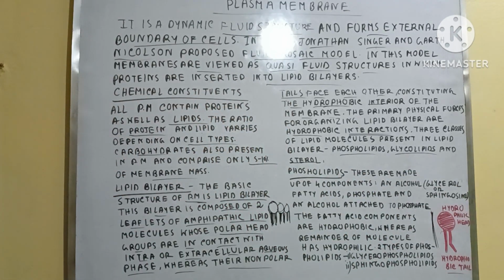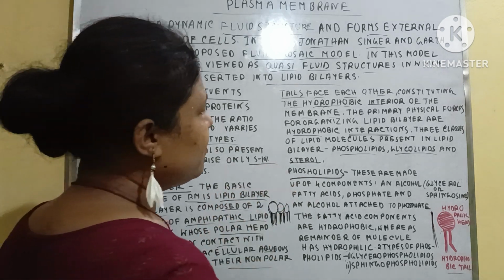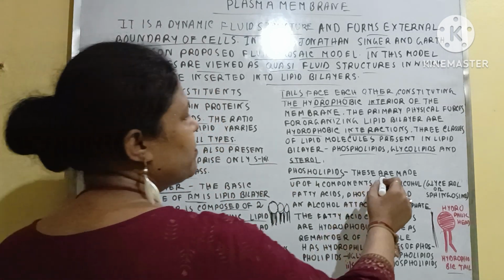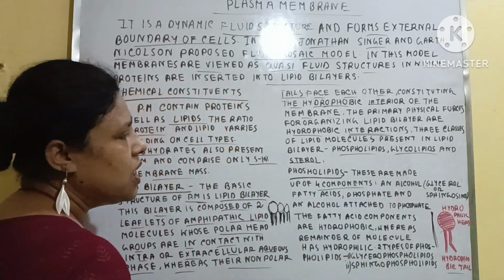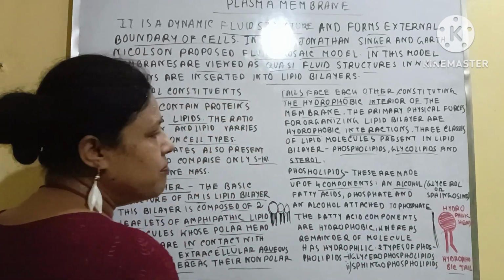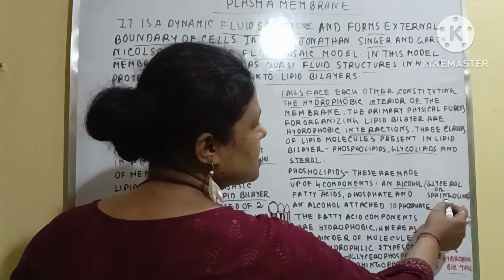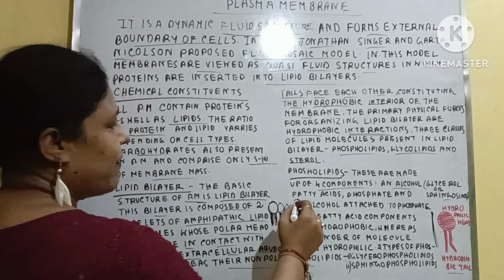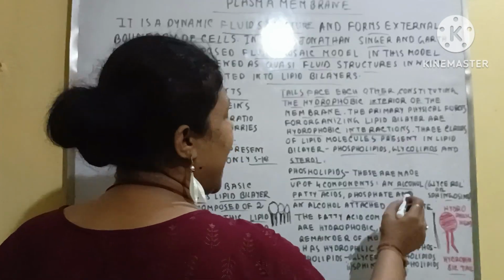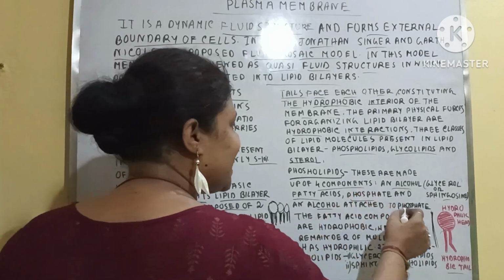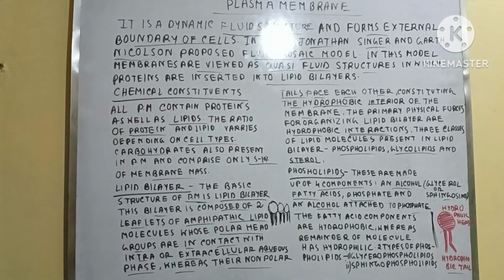So first are the phospholipids. What are phospholipids? Generally, phospholipids have four components: an alcohol, which may be glycerol or sphingosine, then fatty acids, phosphate, and the alcohol attached to the phosphate. So there are four components.